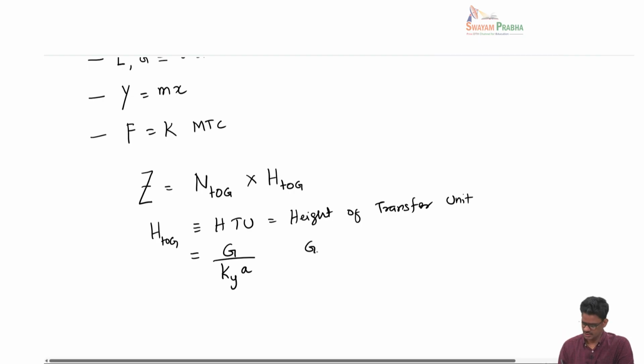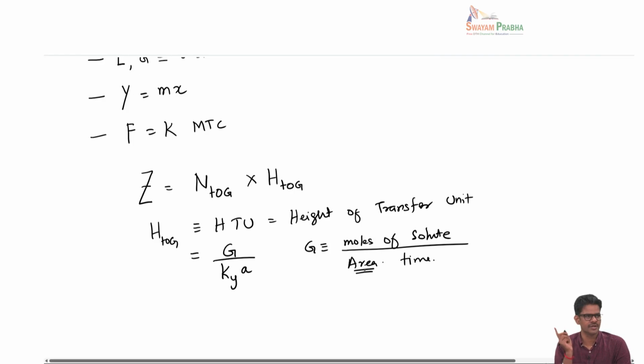G should be in the units of moles of solute per unit area per unit time. This area is the cross sectional area of the column.